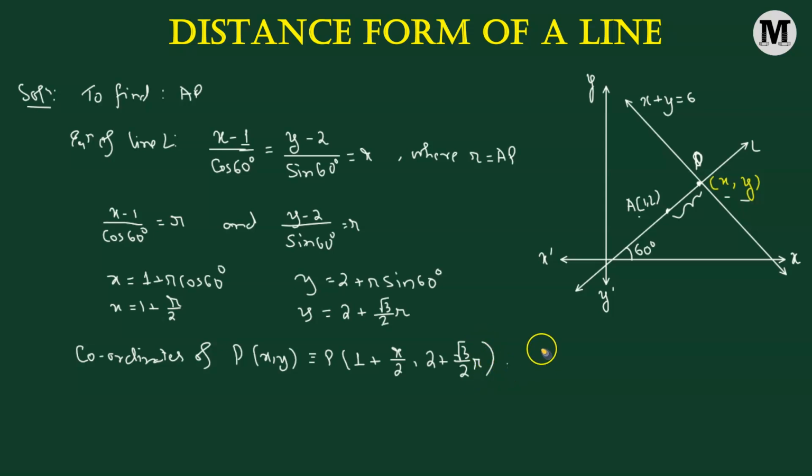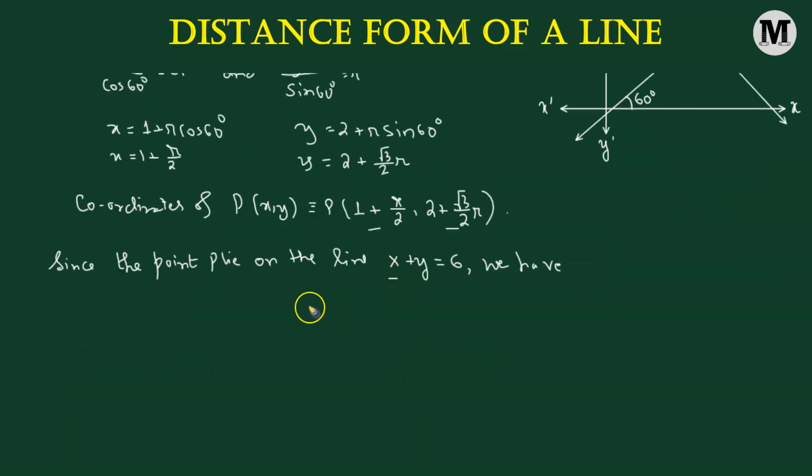Now we're going to use the fact that since the point P lies on the line x + y = 6, it is going to satisfy the equation, meaning we can replace x and y with the coordinates of point P in parametric form. So in place of x, we have 1 + r/2, added to y, which is 2 + (square root of 3 over 2) times r, equals 6.